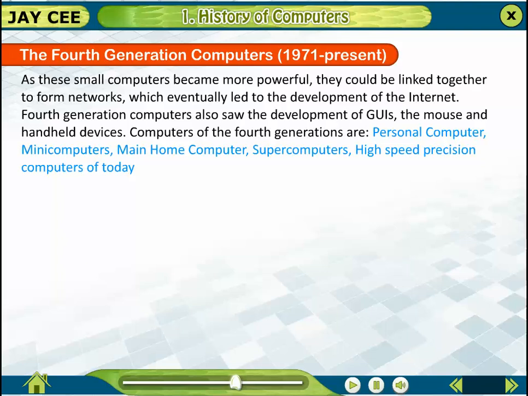Fourth-generation computers also saw the development of GUIs, the mouse, and handheld devices. Computers of the fourth generation are personal computers, mini computers, mainframe computers, supercomputers, high-speed precision computers of today.